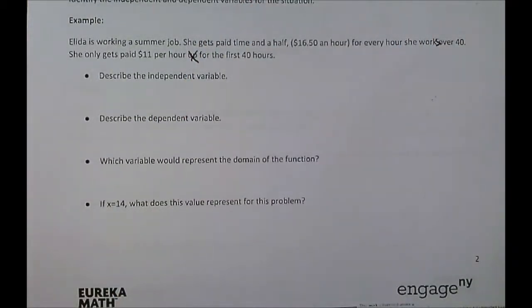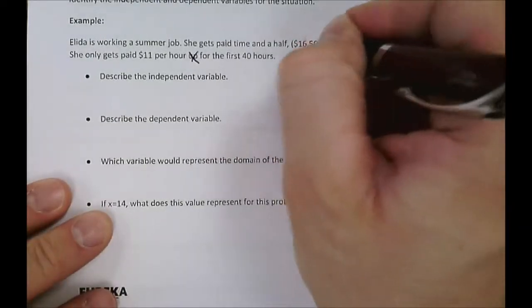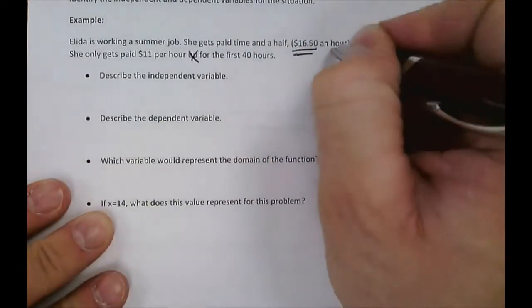To describe the independent variable, remember the independent variable is the x. It's also the domain. The independent variable is the thing we would typically say first, or say as a result of something depending on it. So we're comparing the money that she makes in an hour.